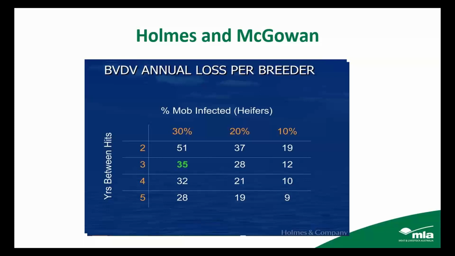Okay, so this is the work from Holmes and Sackett. This is the annual loss per breeder for a fairly efficient herd, not just in the heifer mob, but right across the mob. So what they're saying here is that if you've got 20% of the mob infected, whether they show signs or not, doesn't have to be a frank abortion or a dummy calf or anything like that, and you're getting this spike in numbers every 3 or 4 years, that's the loss per breeder.